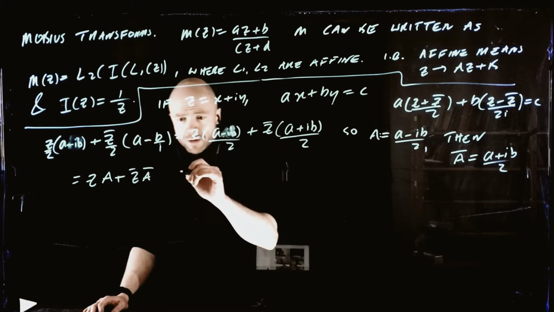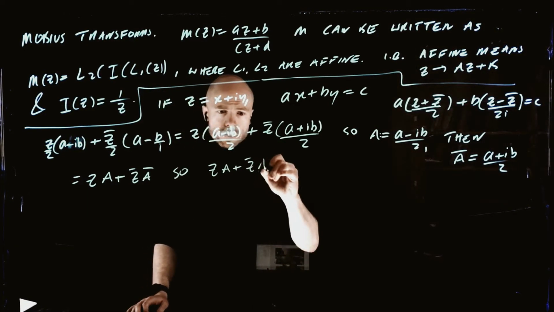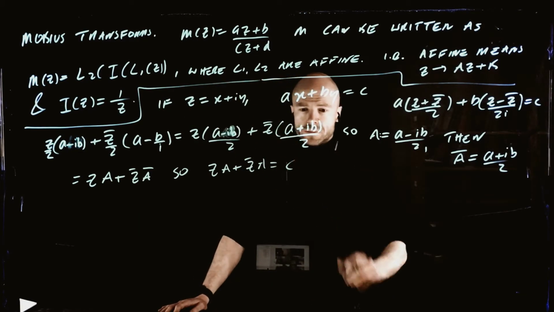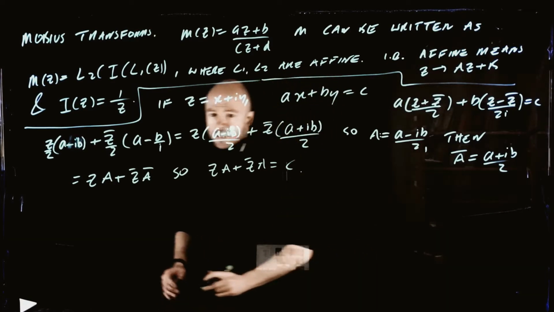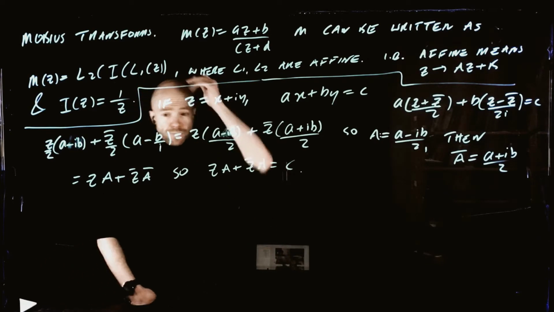Which means that we can write our equation like this. The equation of a line can be written like this for some complex number A itself, yeah? Cool. So we have this nice way to represent the line, which we will use later.